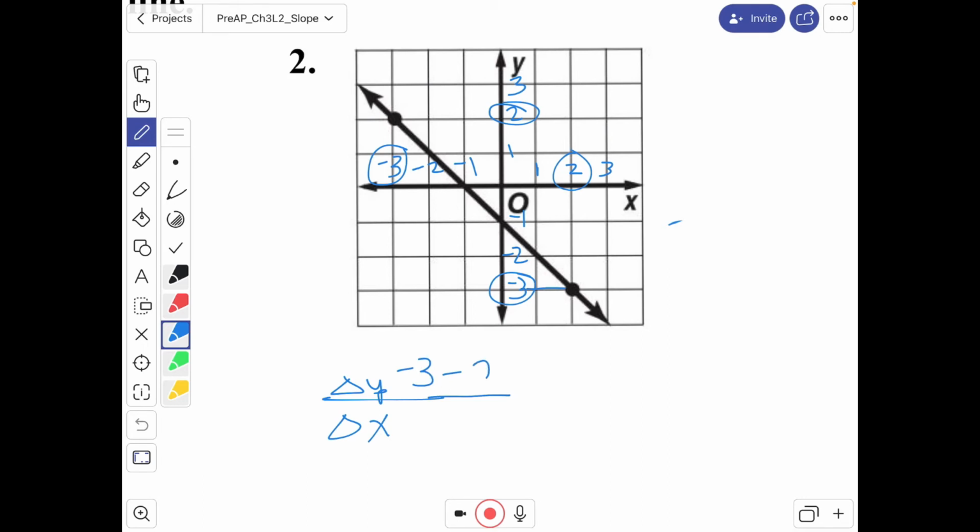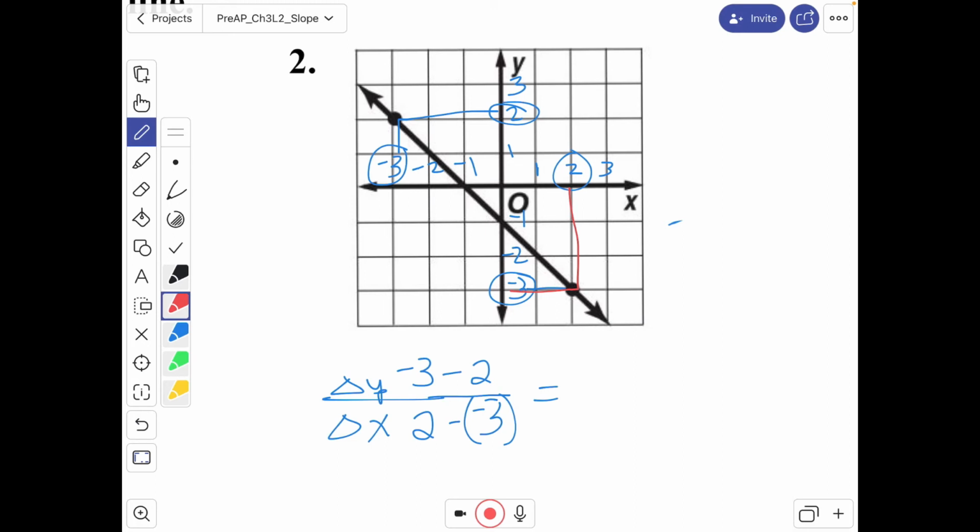Negative 3 minus 2. And the x that went with negative 3 is 2. Got to make sure you match them up. And the x that went with 2 is negative 3. So minus negative 3. Okay, got to remember those rules. They don't go away for integers. Keep, change, opposite.